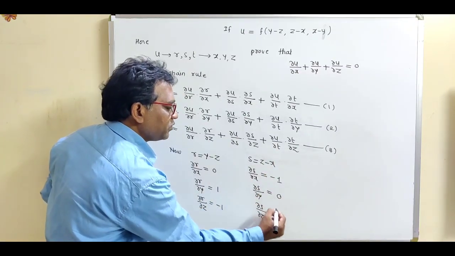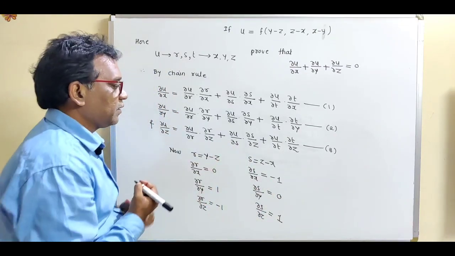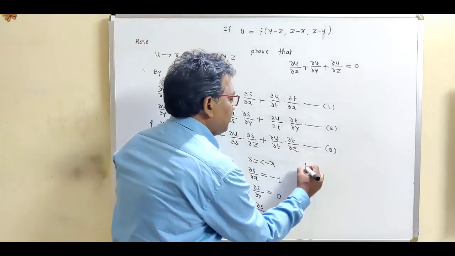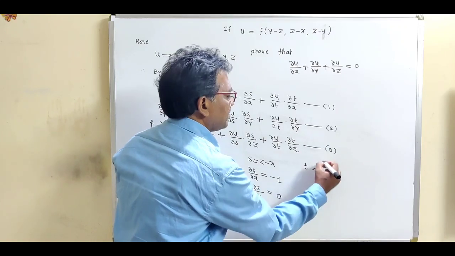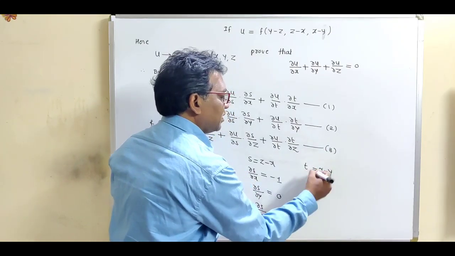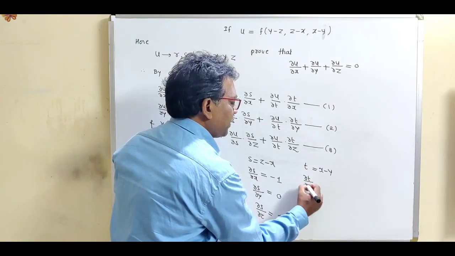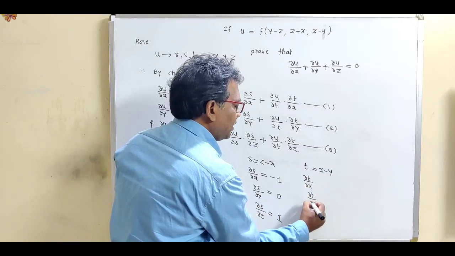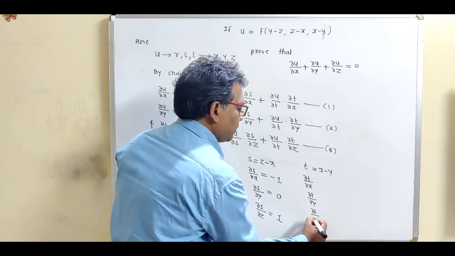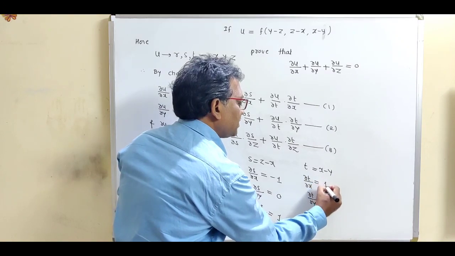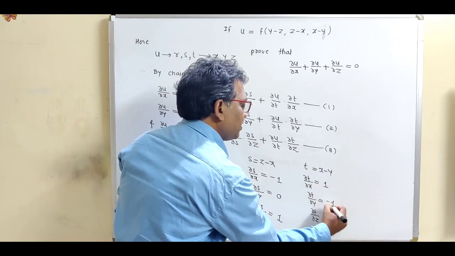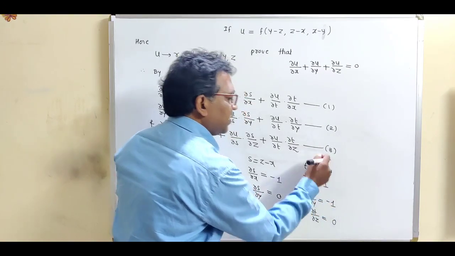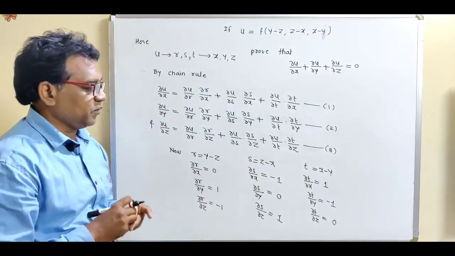With respect to z, the derivative of z is 1. Similarly, t is equal to x minus y, this is our third variable. So find out ∂t/∂x, ∂t/∂y and ∂t/∂z. The derivative with respect to x is 1, with respect to y is minus 1, with respect to z there is no z, so the derivative will be 0.